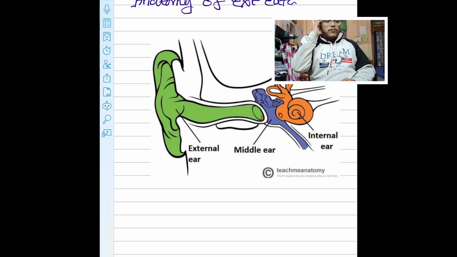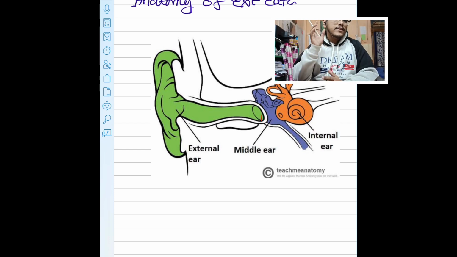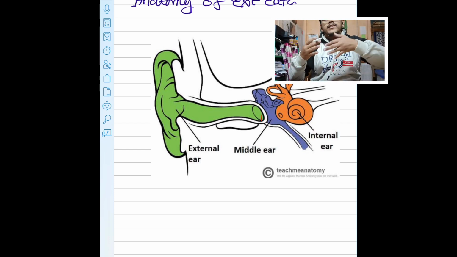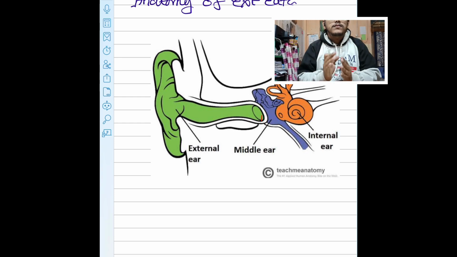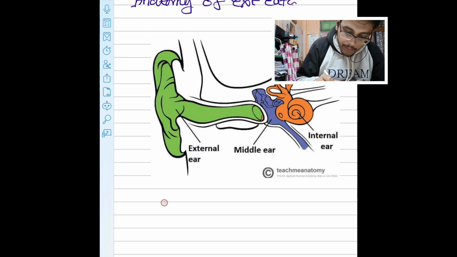So from the outside we can see some skin and cartilaginous part of the ear. That is a very small portion. That also comes under, it is a part of the external ear only, but the rest of the ear is inside one bone, called the temporal bone.